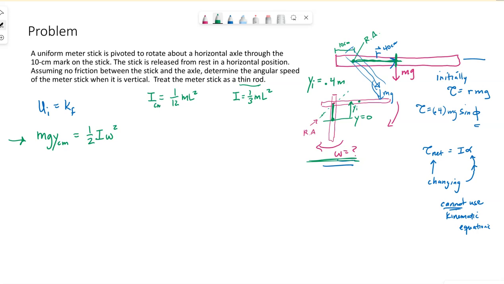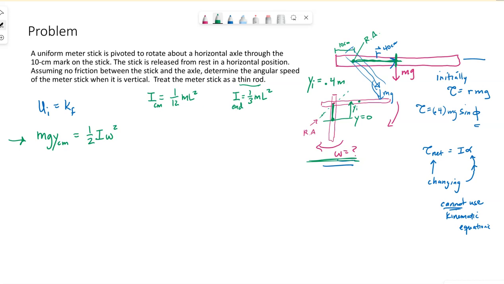If you look in the table in the test notes, the 1/12 ml squared says about its center, so I'm going to put sub cm. That's the moment of inertia of a thin rod rotating around an axis that goes through its center of mass. The 1/3 ml squared is the I for a thin rod rotating around its end.